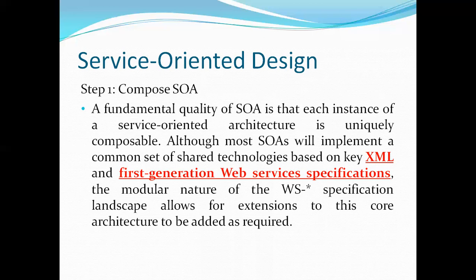With the help of XML and the first generation web service specifications, the first generation web services are developed with the help of the SOAP protocol. Different extensions are also applied in the development of the web services, and these extensions are represented with WS-star.